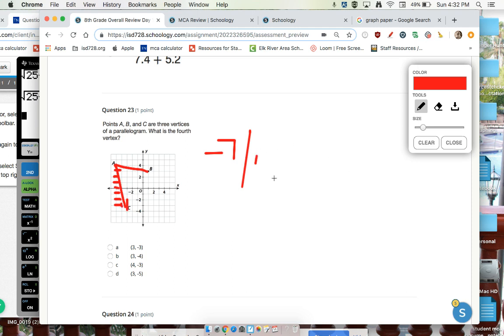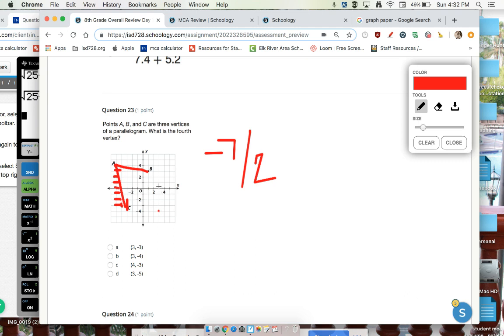So that is the slope of my segment BC or AC. So then I know that B to the D has to be the same. They are parallel. So I'm going to go down 7 over 2. Down 1, 2, 3, 4, 5, 6, 7 over 1, 2, and that's where it would be.